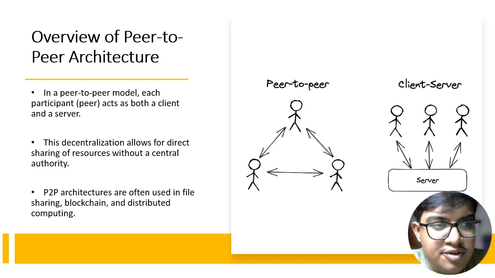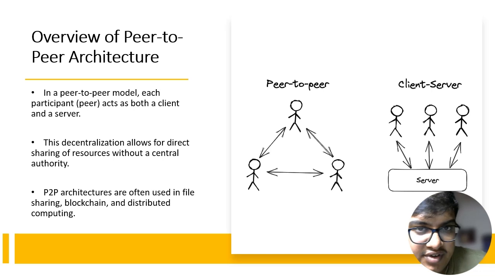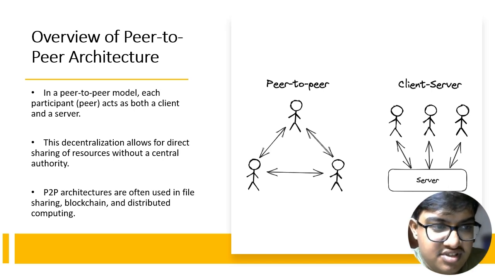So in the peer-to-peer model, each participant acts as both client and server. The processing is distributed to different systems and they act as client as well as server at the same time. This decentralization allows for direct sharing of resources without any central authority.